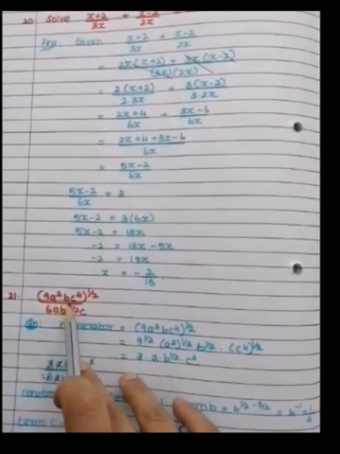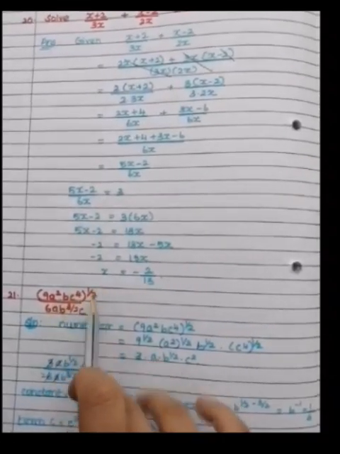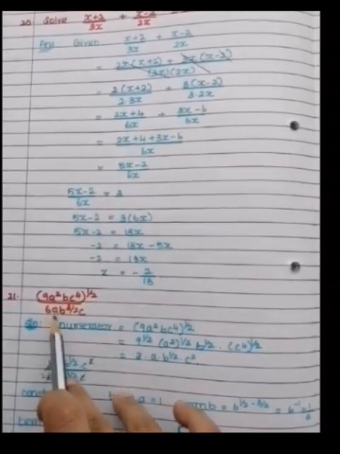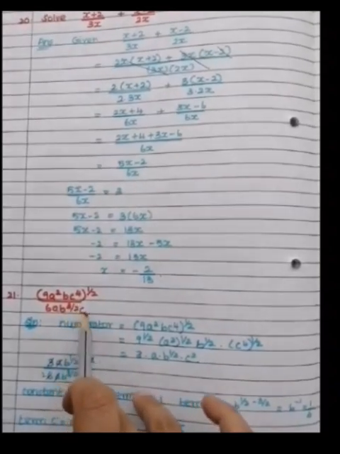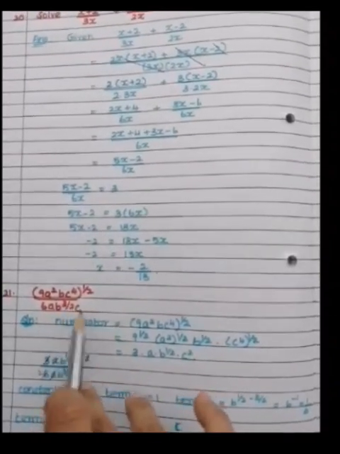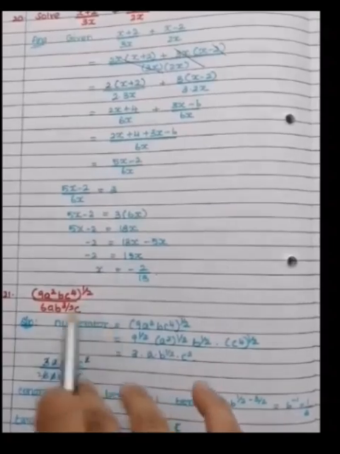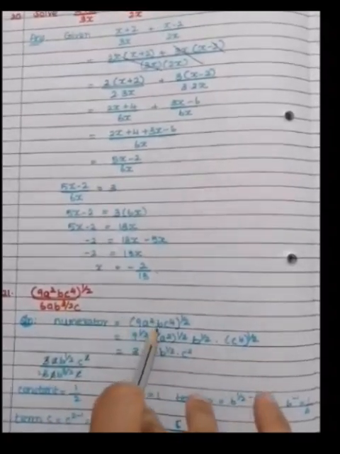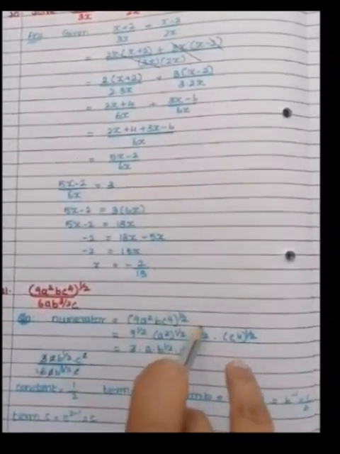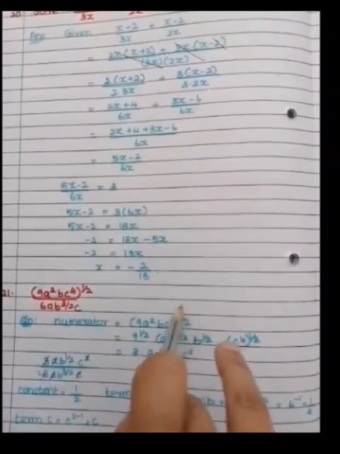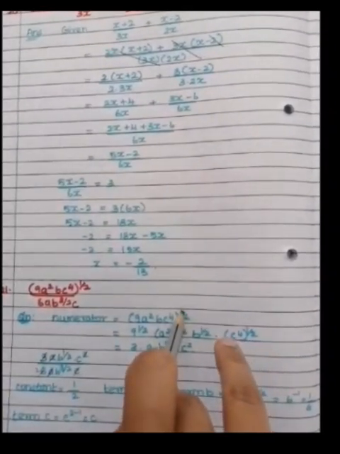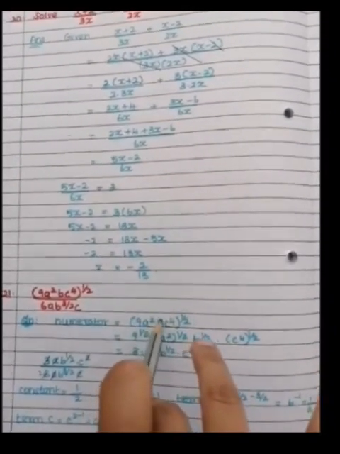9a square b c power 4 whole power 1 by 2 divided by 6ab cube divided by 2c into c. Now the numerator is 9a square b c power 4 whole power 1 by 2. We have to apply the power 1 by 2 to each and every term.